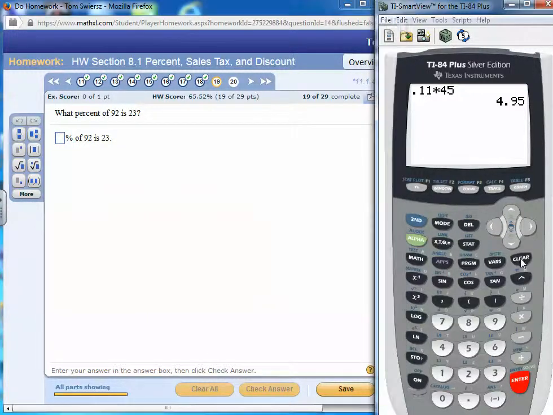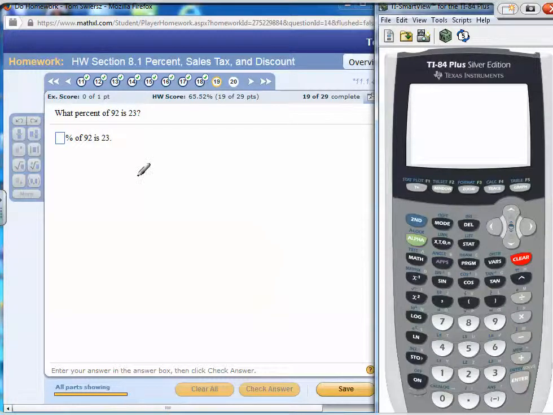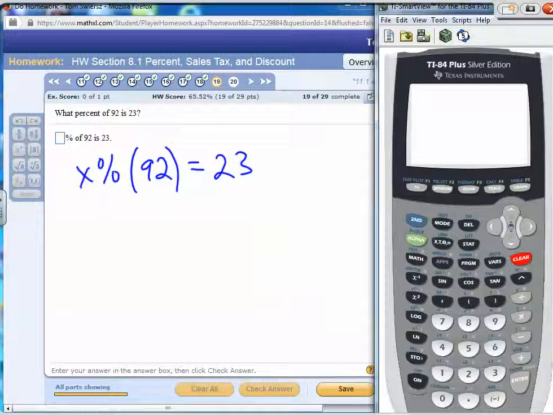Number 19. What percent of 92 is 23? We're missing the percent, x percent. Of means multiply: x percent times 92 equals 23.